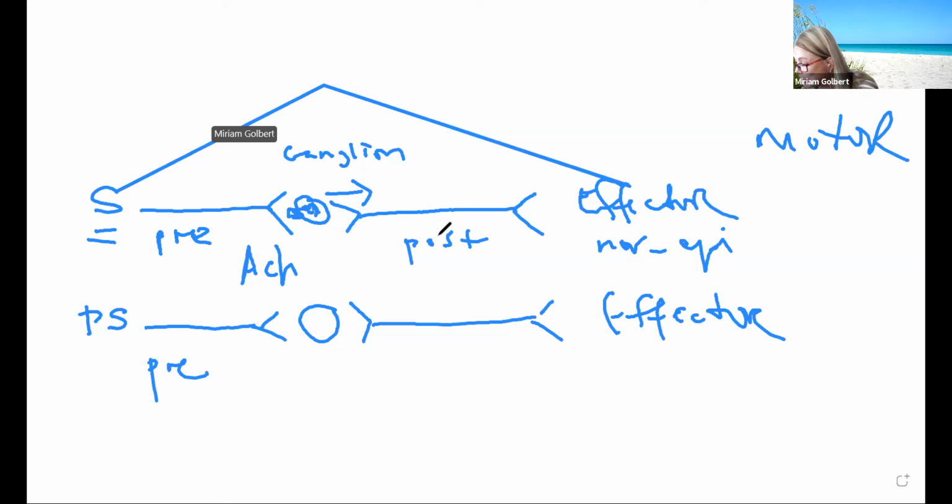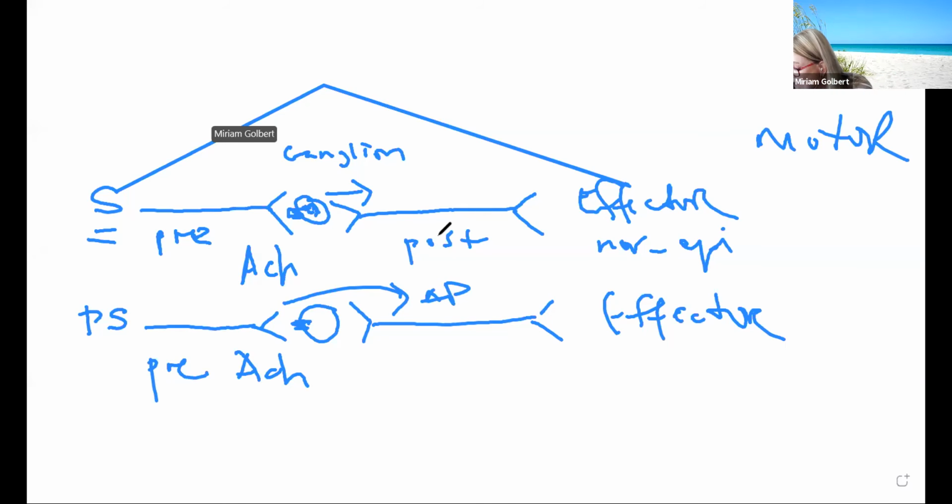So again, the preganglionic neurotransmitter releases acetylcholine. What kind of receptor are we going to have here so that we can continue on with that action potential? It has to be nicotinic, the same one, right? Because that's the excitatory one.